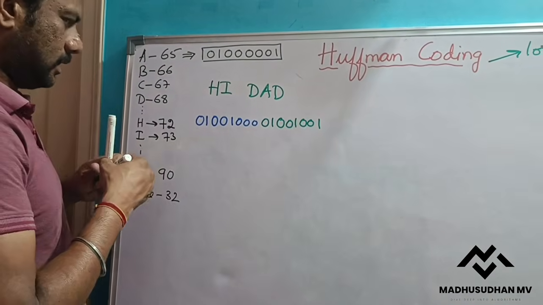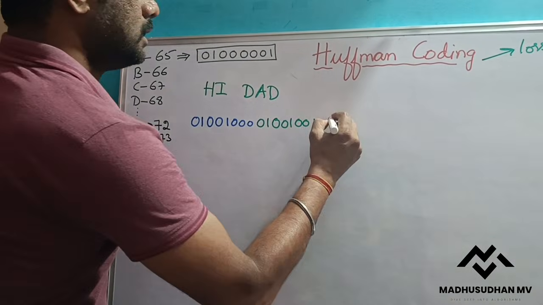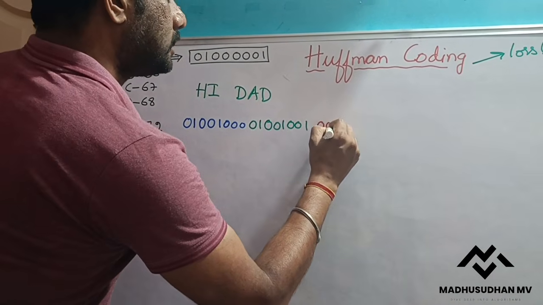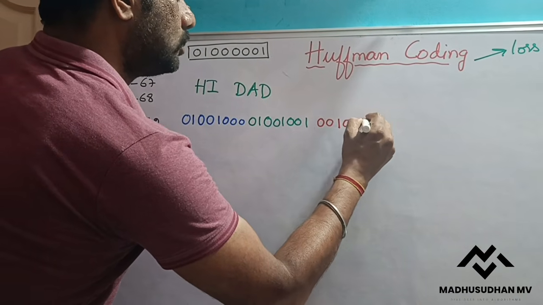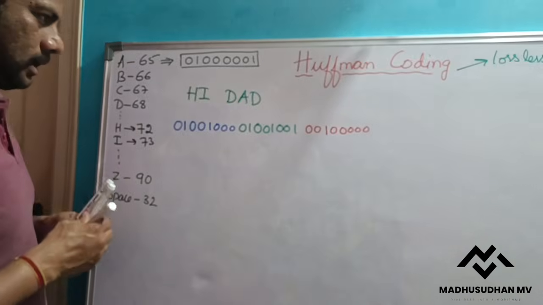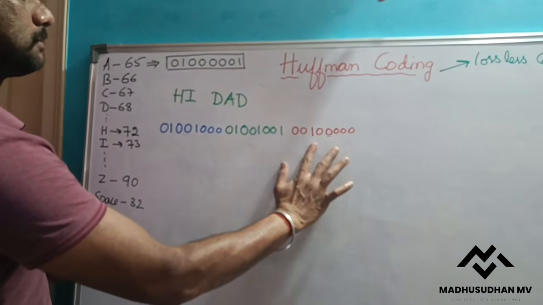This is I. Then space: space is 32, which means 128, 64, 32. So this is for H, this is for I, this is for space.